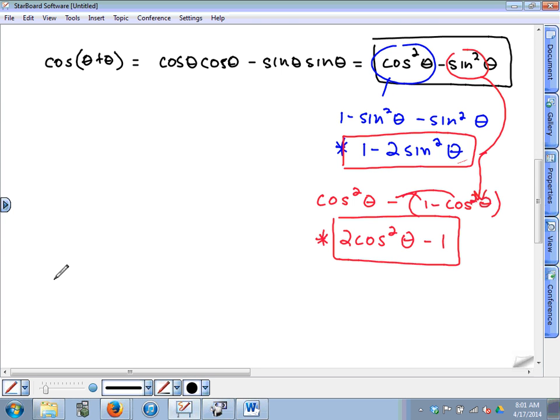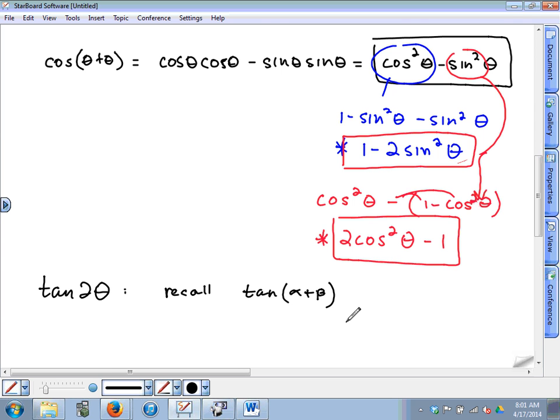All right, tangent of 2 theta. Also not too difficult to derive. This one's a little bit harder to recall, but it's just as important to be able to recall. What if we had the sum, the tangent of alpha plus beta?